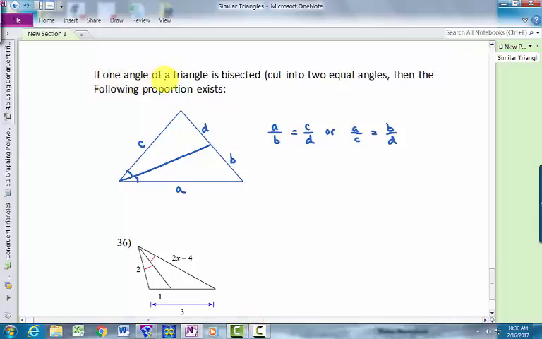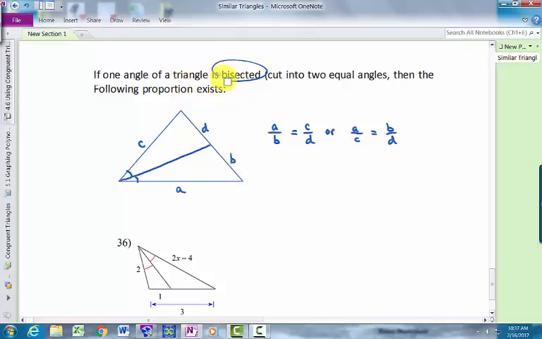It says that if one angle of a triangle is bisected, meaning it's cut into two equal parts. So if you look at this large triangle right here, I drew this little segment in such a way that it bisected this large angle and I cut it into two equal parts. So I made those two little angles here congruent. So that's the bisected angle. It doesn't have to be the angle down in the left-hand corner. It could be the angle up here, it could be the angle over here, doesn't matter which one.